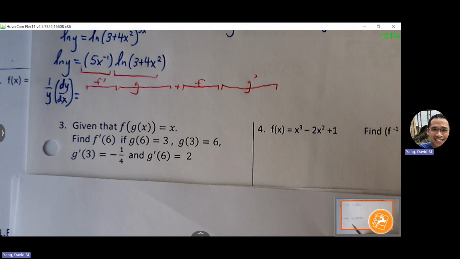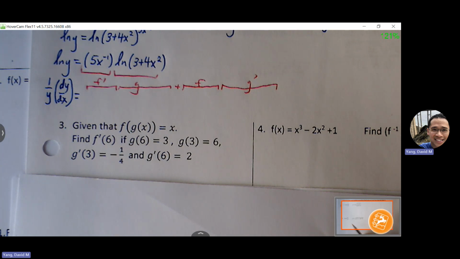So 6 is the x. Six is the next value. These will be the same because they're both from 7.